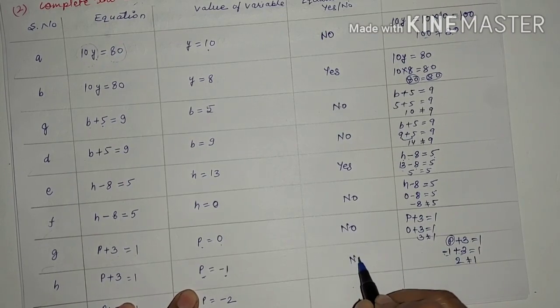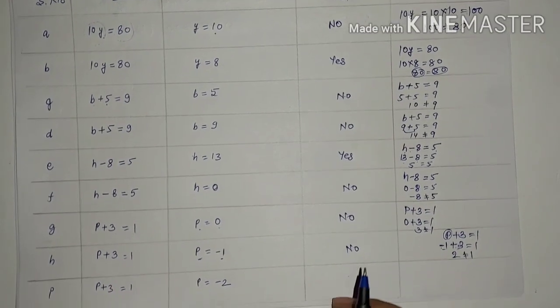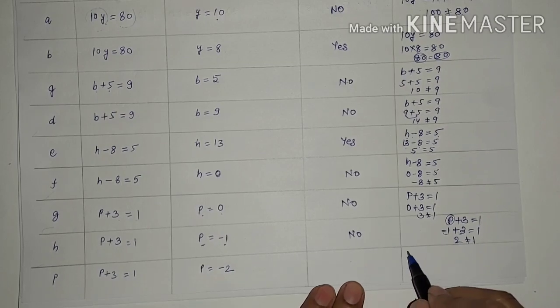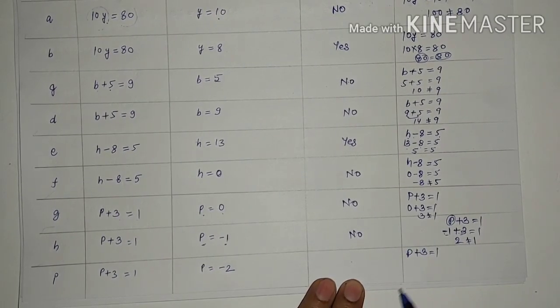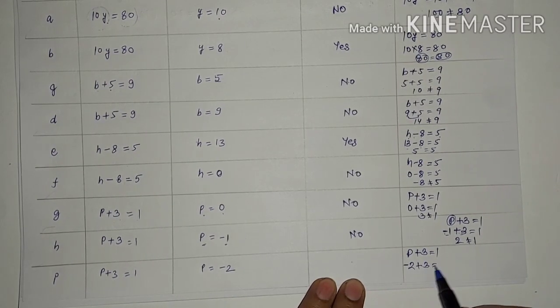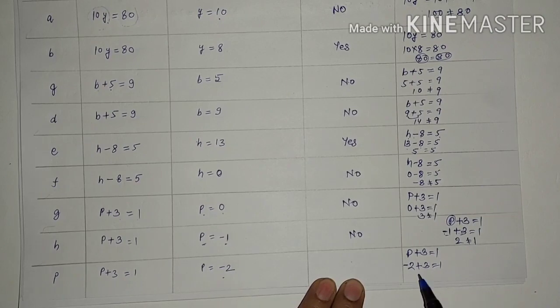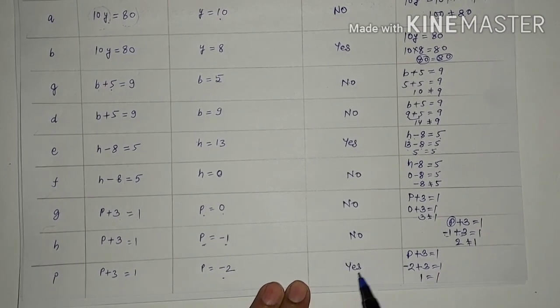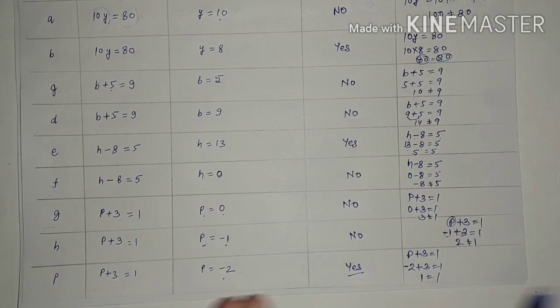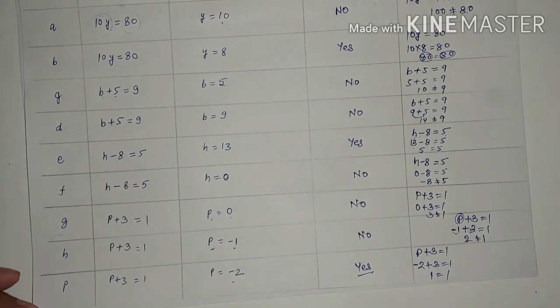The answer is no. Okay, and next is again p + 3 = 1, now the p value is −2. So −2 + 3 = 1, and 1 is equal to 1. It means your answer is yes. Okay, so try the remaining questions.